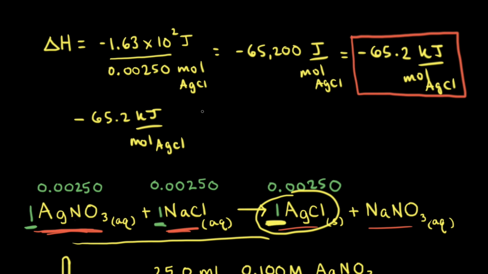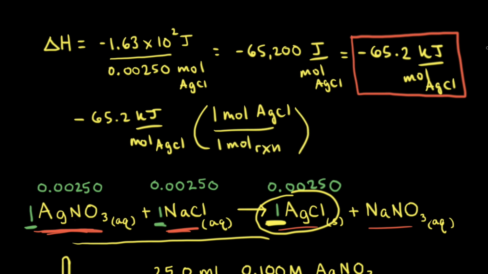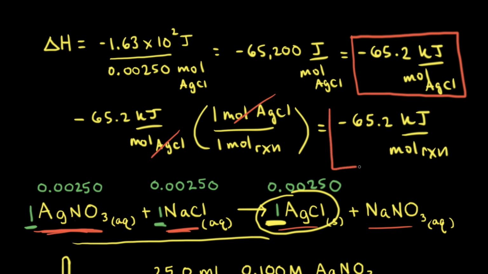So we can write a conversion factor of 1 mole of silver chloride per 1 mole of reaction. And writing it this way for the conversion factor, the moles of silver chloride would cancel out and give us negative 65.2 kilojoules per mole of reaction. So this could also be our final answer.